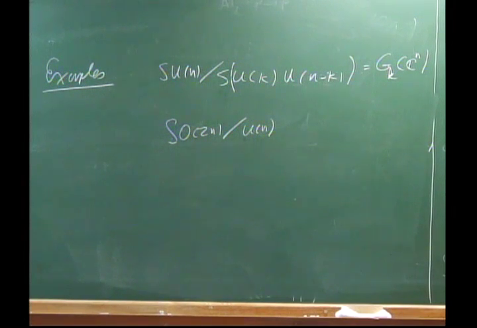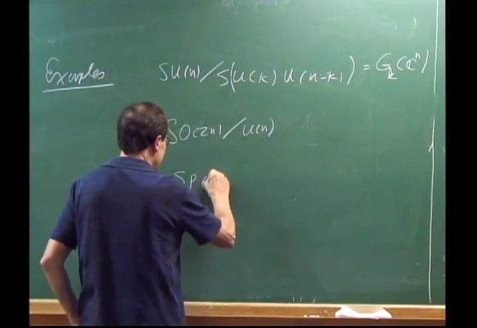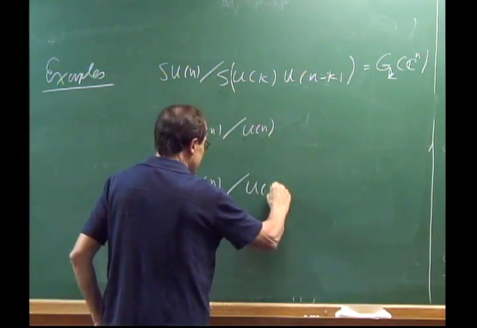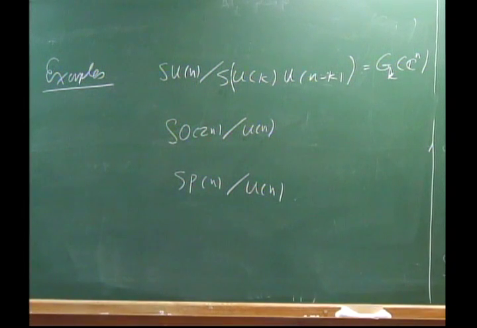Another one? Symplectic with SPN. Yes, SPN mod UN. What does it represent? I forget right now. Some kind of quaternionic structure.